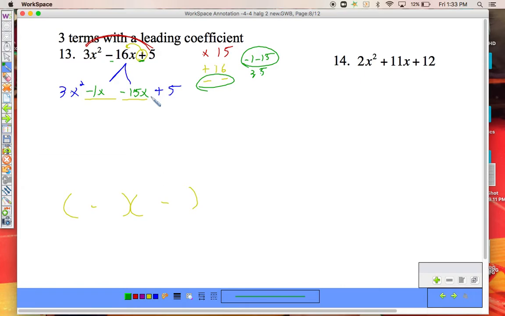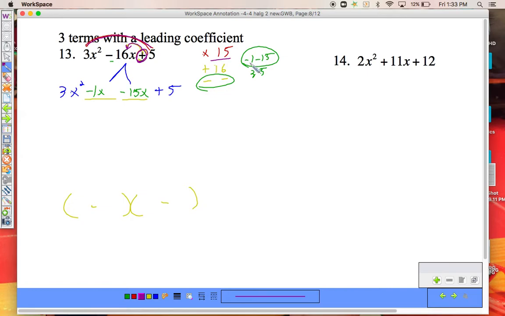All right, starting over. It's going to be a minus minus, because my last term's positive, use the sign of the middle. I multiply my 3 times 5, my leading coefficient times my constant, and I get 15. So the two numbers I need to pick have to multiply to give me 15, and they're going to add to give me 16.